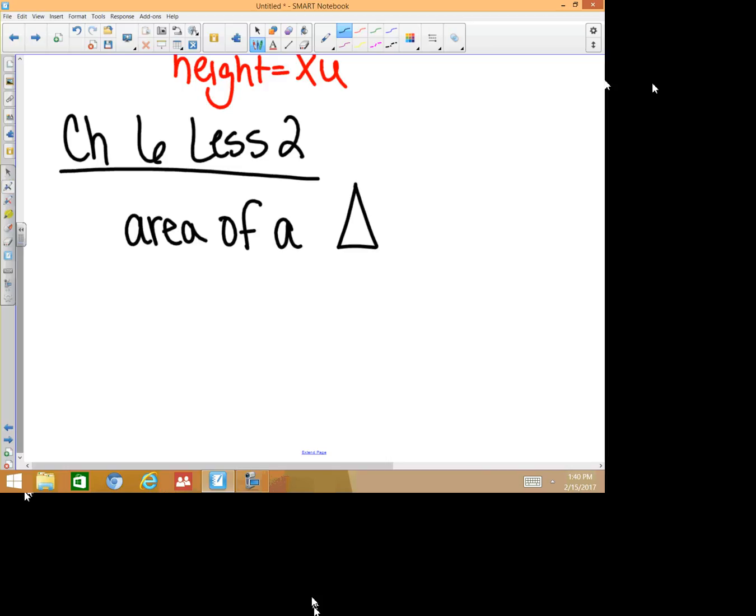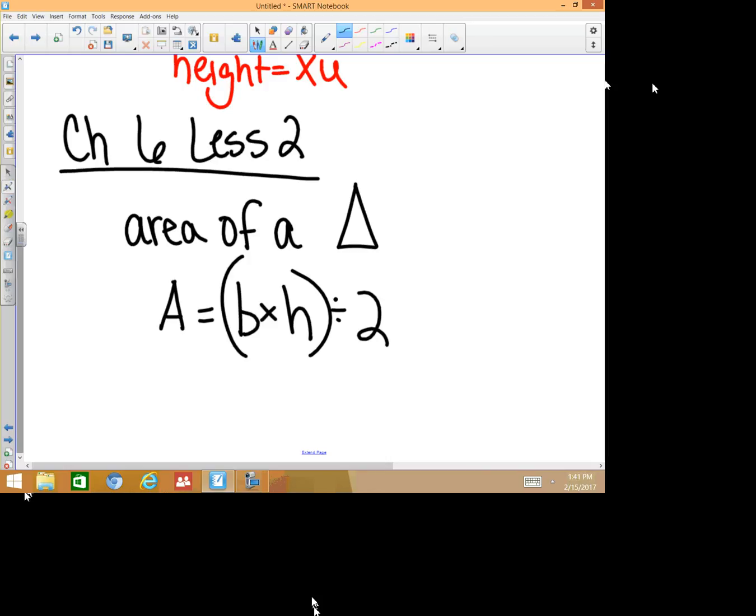What's the area of a square or rectangle? Length times width, does that make sense? So area of a triangle, A equals, write that down. They're variables. They stand for the same thing in different triangles.